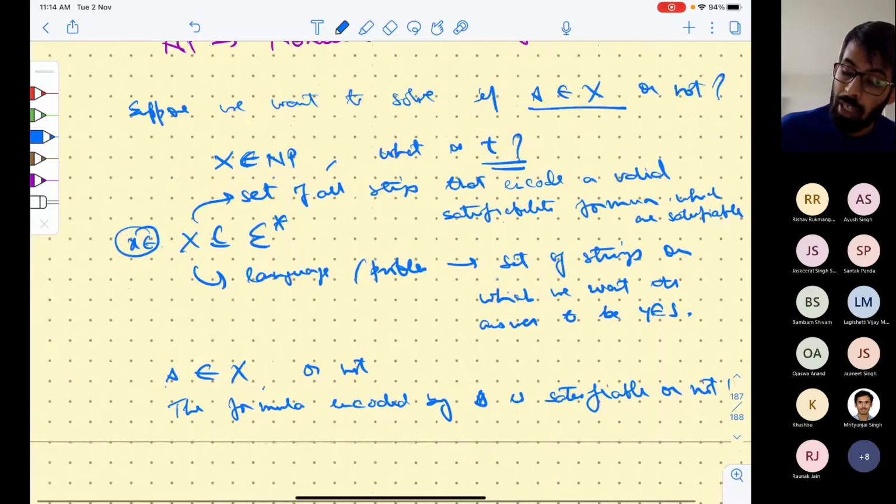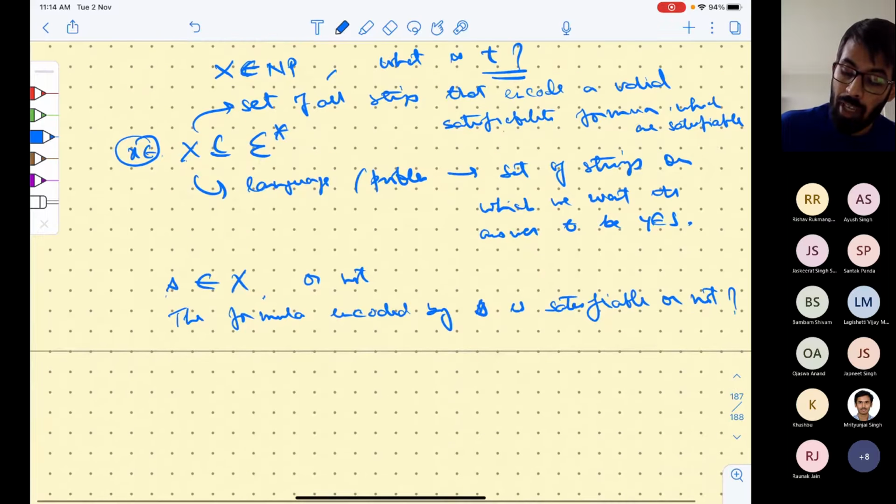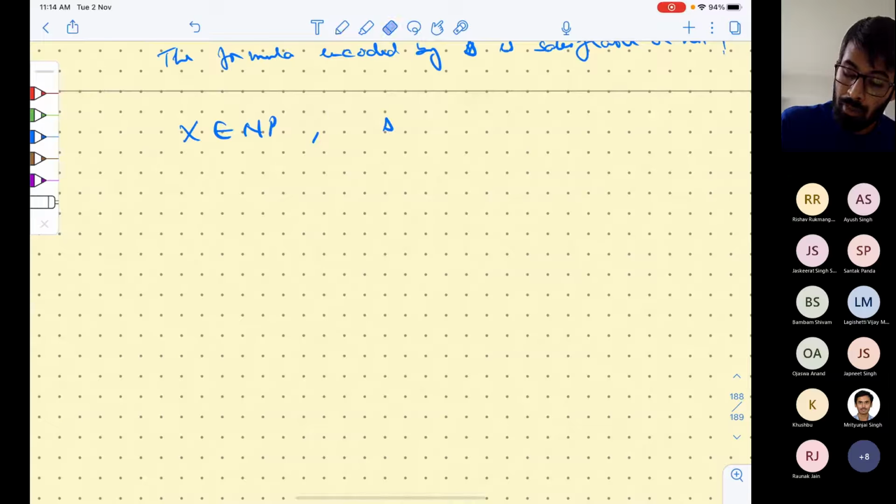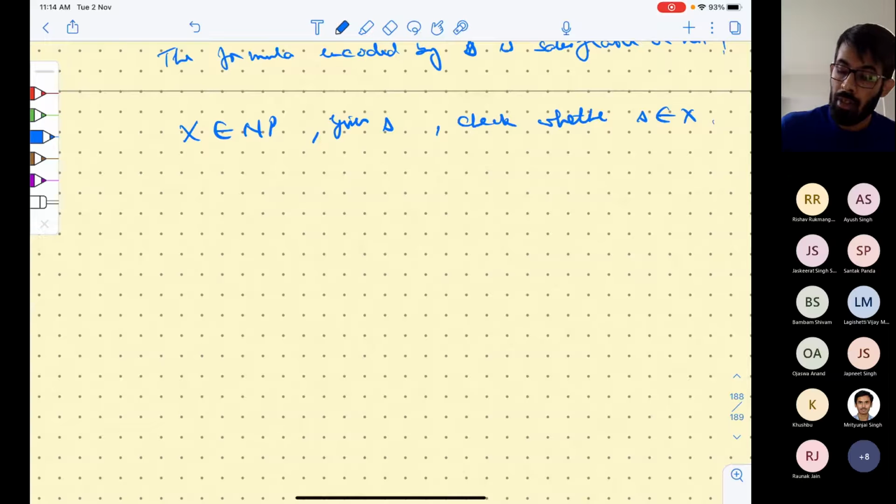Right. So now suppose we are given one string S and we want to check whether S belongs to X or not. We know that X belongs to NP and we are given one string S. Check whether small s belongs to X. So how can we do this?